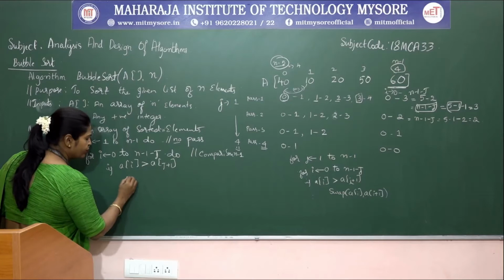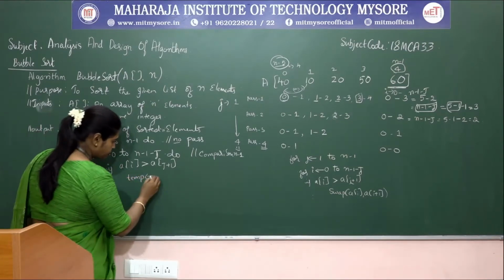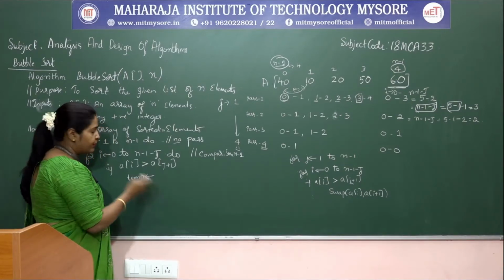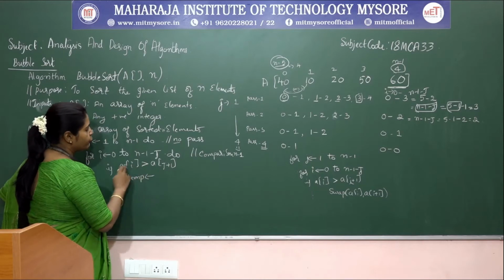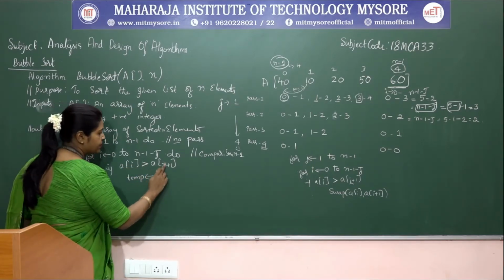So swap. If you want, you can write the pseudocode for swap, or else you can call the function swap by sending the two parameters: swap of a of i and a of i plus 1.